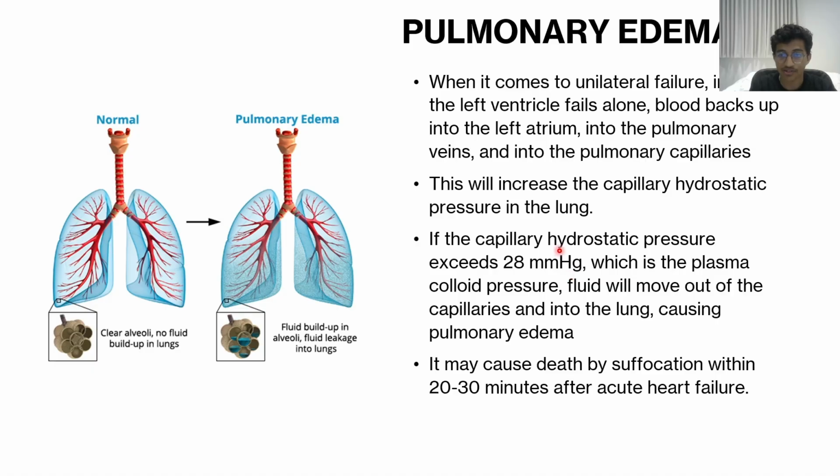The plasma colloid pressure is for absorption, and the capillary hydrostatic pressure is for filtration. If the capillary hydrostatic pressure exceeds this value, there will be more filtration, and more fluid will move out of the capillaries and into the lung, causing pulmonary edema.